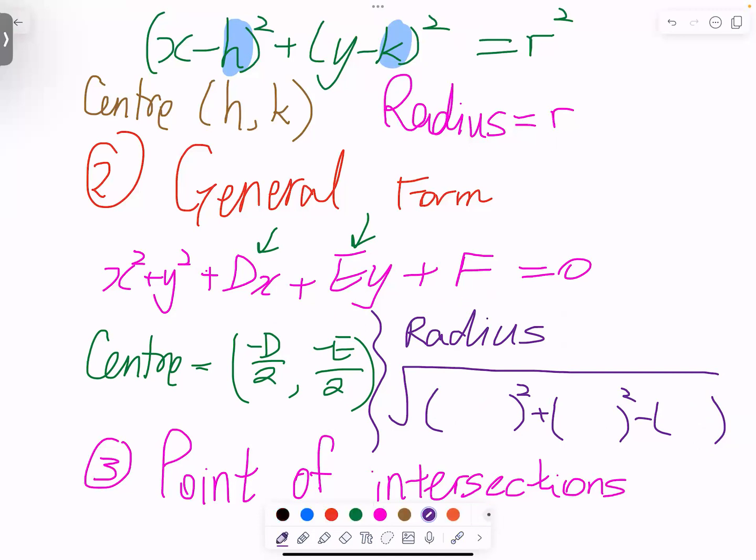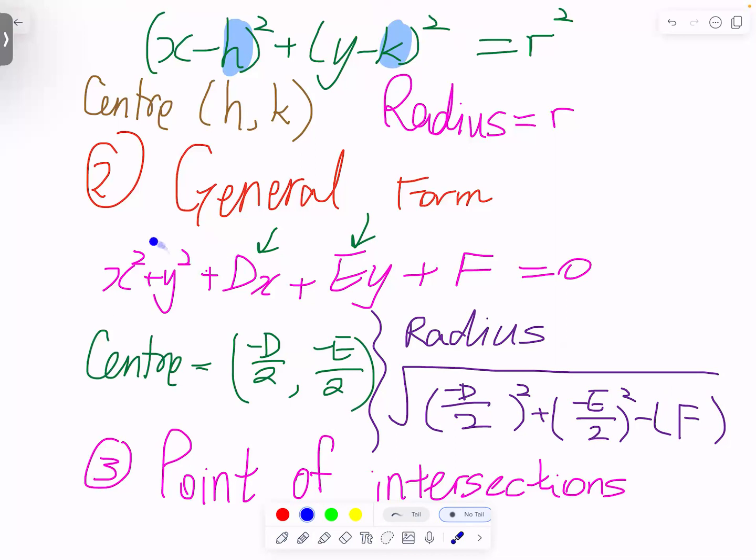So we write it as negative d over 2, negative e over 2, minus f. Always put a bracket for the constant, especially because sometimes you might have a negative sign here, and then you will have negative outside and bracket negative, so it becomes positive in the end. So be careful on these things.